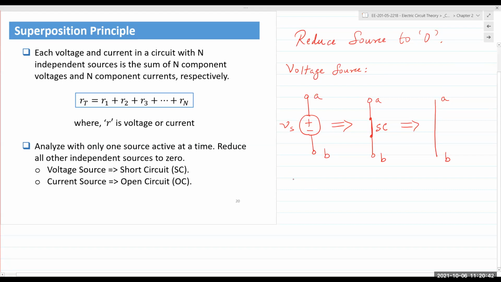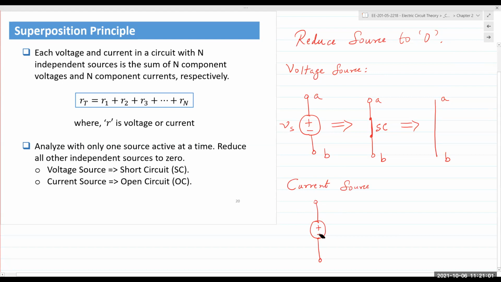The same principle applies to a current source. If you have a current source connected between points A and B, the only way the current between A and B is equal to 0 is if there is no pathway for the current to flow through.